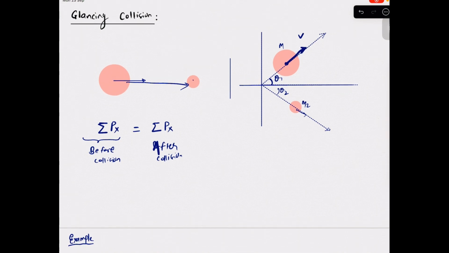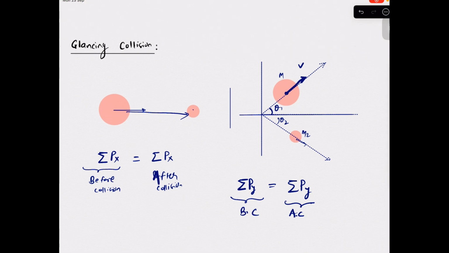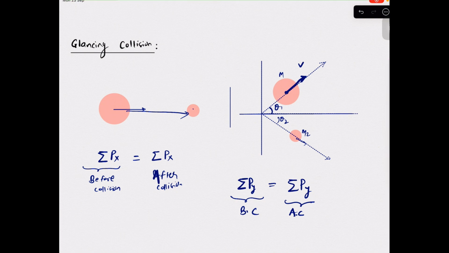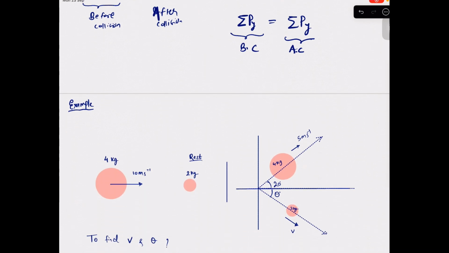So we're going to write it down for the y direction too. The sum of momentum in the y direction before collision and the sum of momentum after collision must be the same. In order to understand this, we need to know the resolution of a vector, since momentum is a vector quantity. When a vector makes an angle theta, you can resolve it into two components. So let's watch this in an example.